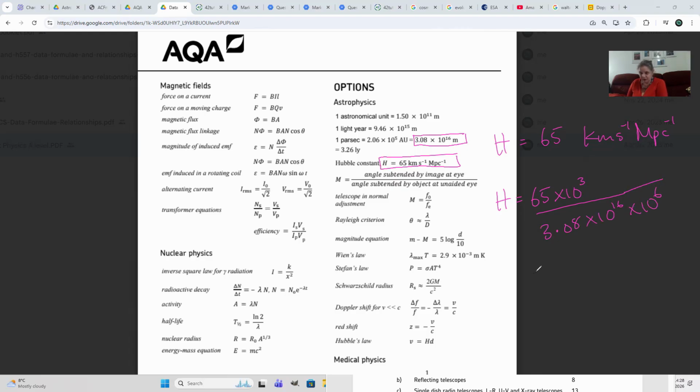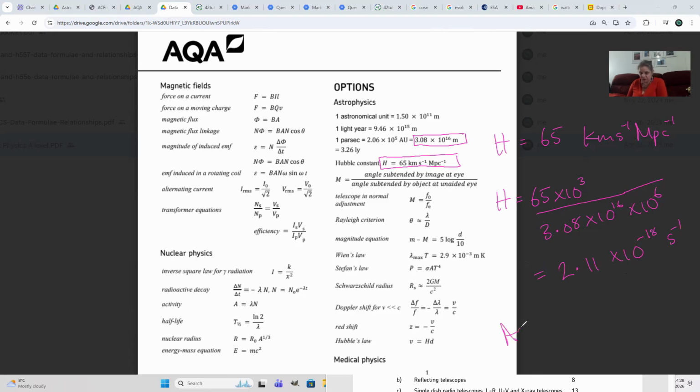Okay, so let's do this. So it is 65 times 10 to the 3 divided by 3.08 times 10 to the 16, and then also dividing it by 1 times 10 to the 6. Okay, and we end up with 2.11 times 10 to the minus 18 per second, seconds to the minus 1.